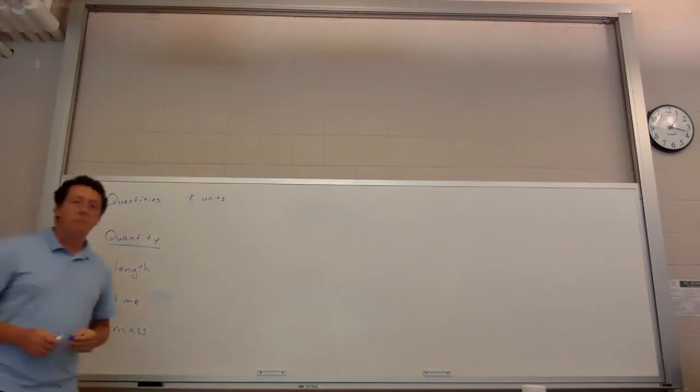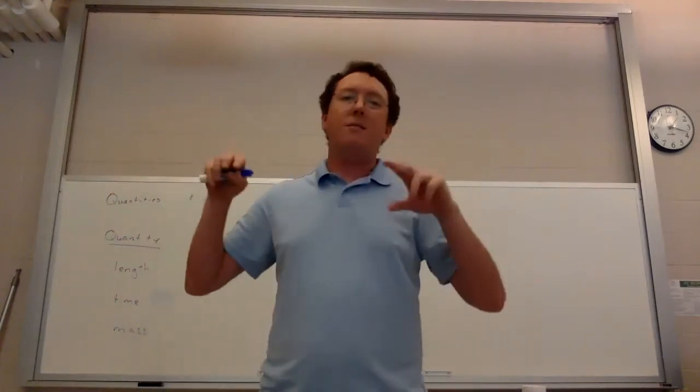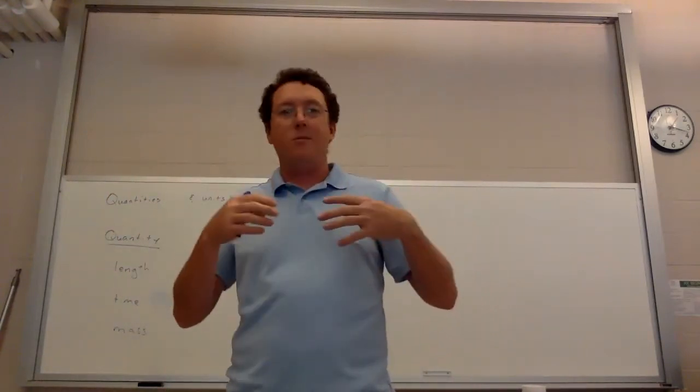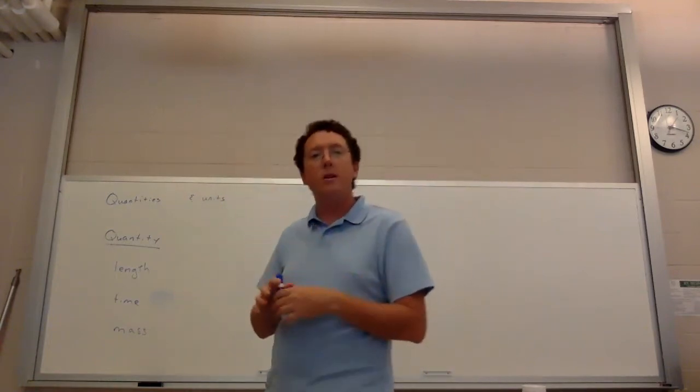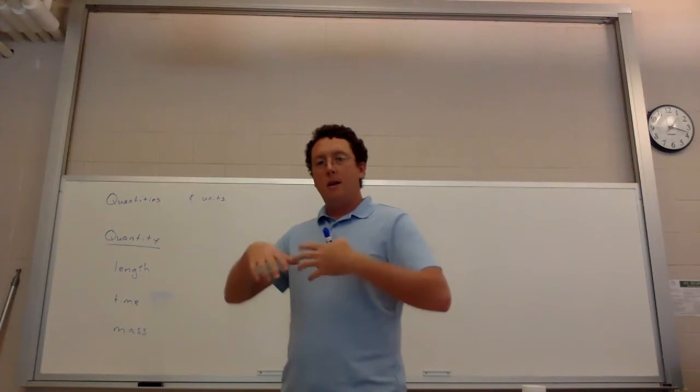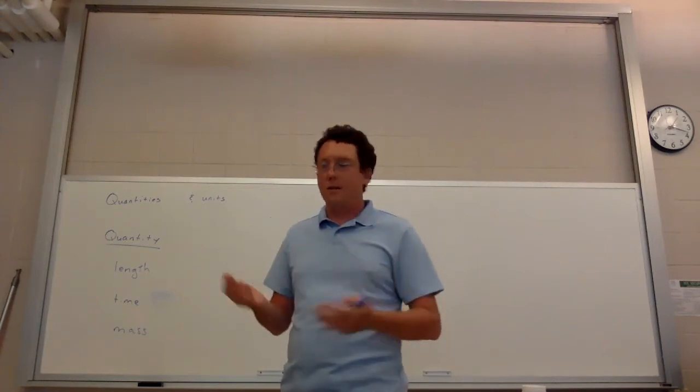So quantities are really just, sometimes they're called dimensions, but we don't mean space and time or X, Y, Z so much. We really just mean some sort of a property which is useful to characterize the system.